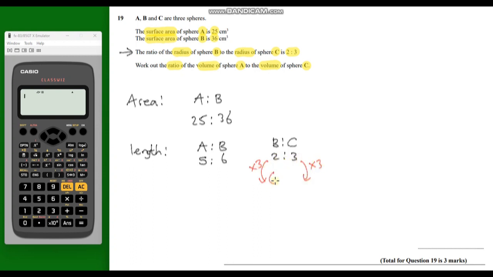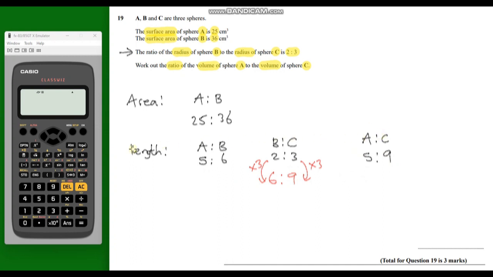So 2 times 3 is 6, and 3 times 3 is 9. Notice the ratio 2 to 3 is exactly the same as the ratio 6 to 9. So now the B's are the same, we can work out the ratio of A to C. A is going to be 5 and C is going to be 9. So 5 to 9 is the ratio of A to C.